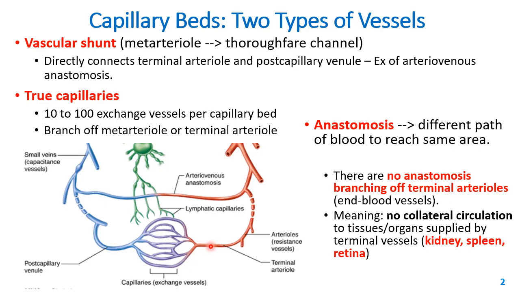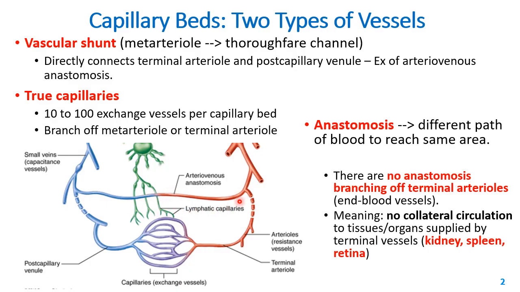So when you see this type of blood distribution, it goes straight into the through capillary bed, and here you don't see the option of having anastomosis. Okay, so the anastomosis is really a different route that the blood can take to either bypass a certain tissue or bring nutrients to a different capillary bed that can be on another side here in the same tissue.